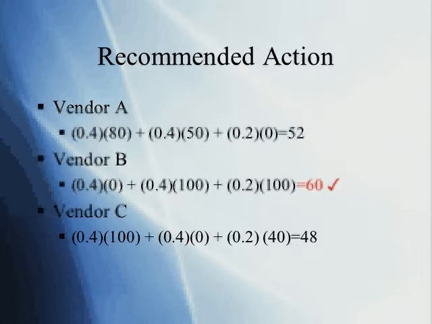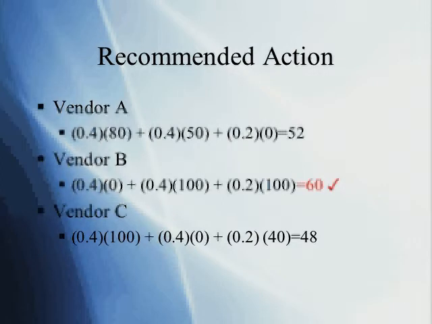In order to determine consensus and select a vendor, we must compare the preferences of each expert to the various vendors. This is achieved by calculating the weighted sum of each of the ratings as shown. If we look at vendor A, for example, we see that his weight of 0.4 for ease of use is multiplied by the rating of 80.